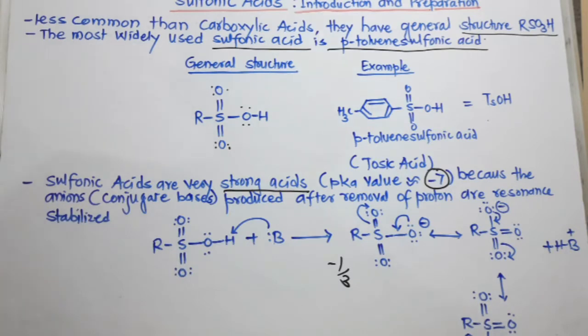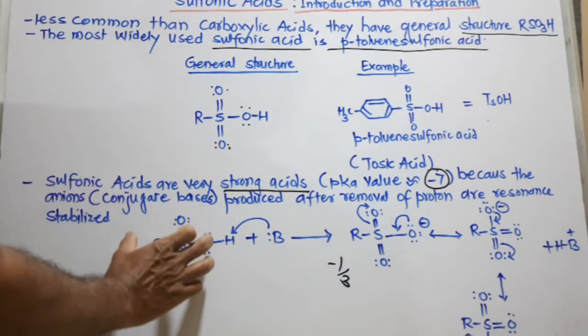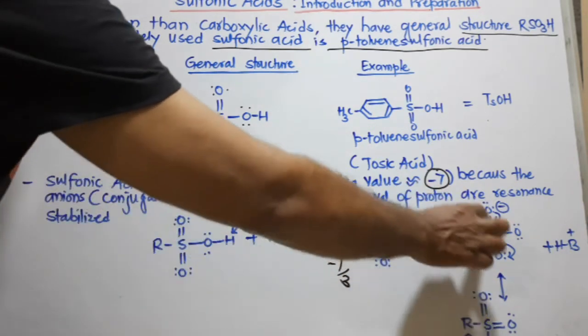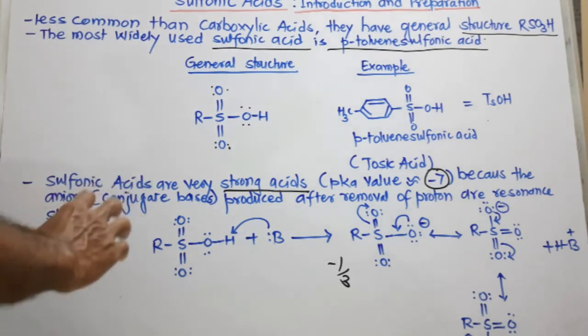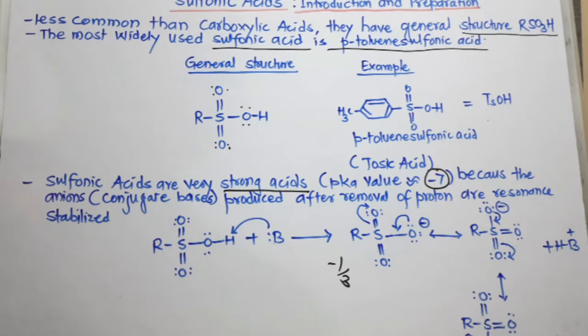So this acid becomes stronger, but this conjugate base becomes a weaker base. Because of this property, you will see in the forthcoming videos that this group is a very good leaving group.